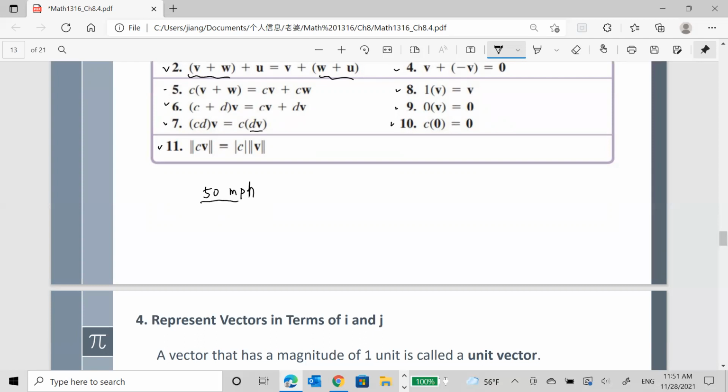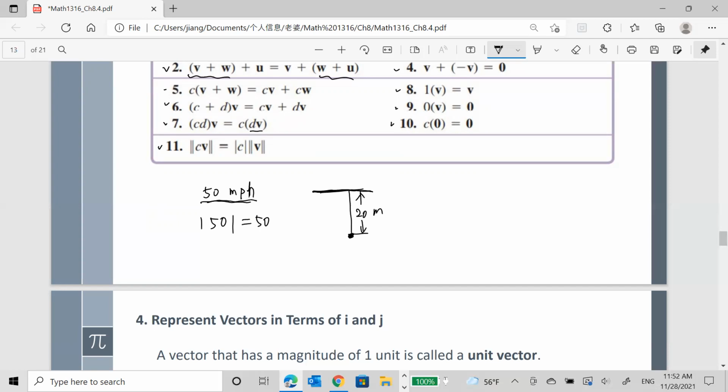So the magnitude, the length of the 5 miles per hour, that's the absolute value of 50. That's just 50. If I say here is the ground, and then something is under the ground, the height is 20 meters.